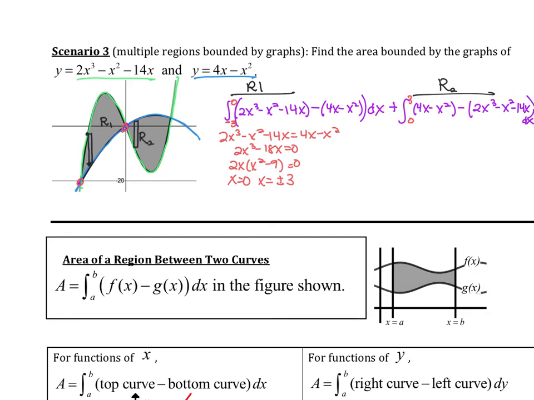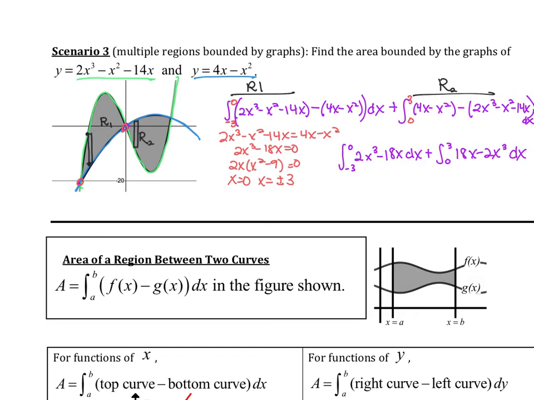So let's simplify it just a little bit. If I evaluate from negative 3 to 0 of 2x cubed minus 18x dx, and add that to 0 to 3 of 18x minus 2x cubed, I should get the total region, region 1 plus region 2.